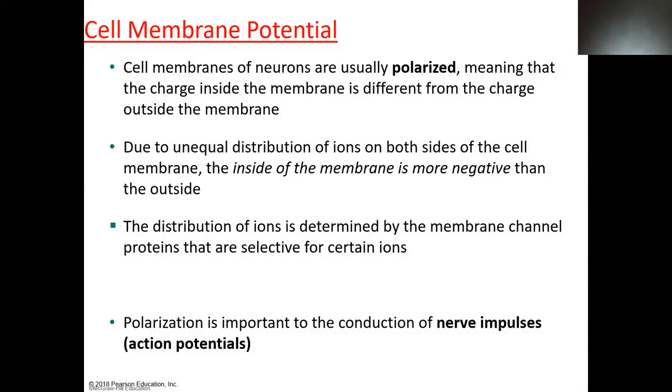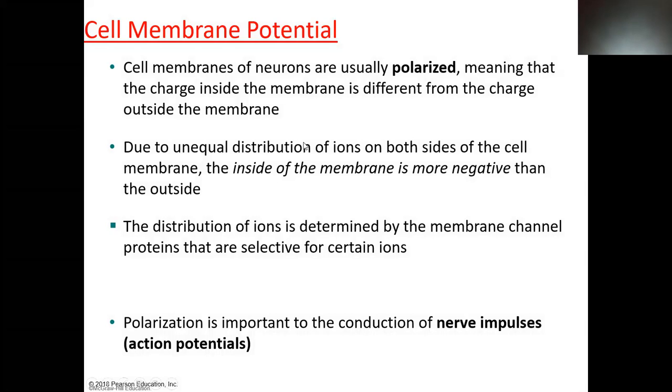Take out your picture, and put little negative signs inside of your cell, and positive signs on the outside of the cell. So we have two different charges, which makes this a polarized membrane.